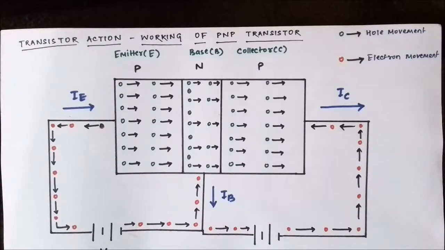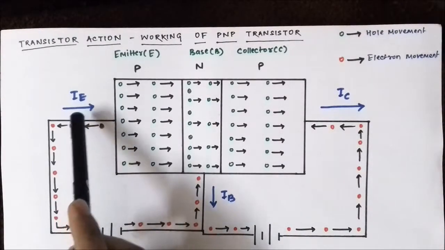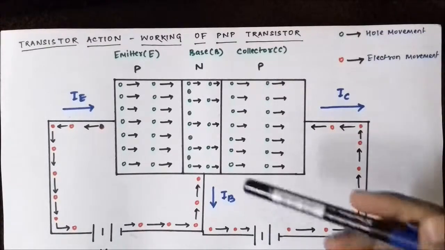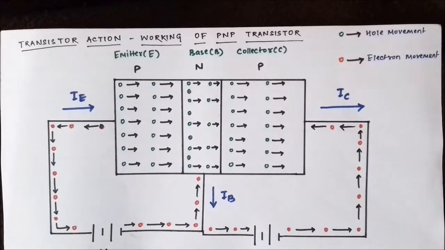Okay, so here in the PNP transistor, we can see that the emitter current is directed towards the transistor, while the collector and base currents are directed away from the transistor. The collector current is nearly 95% of the emitter current, which is more or less the same as the emitter current.